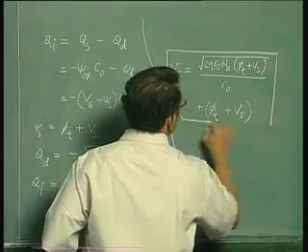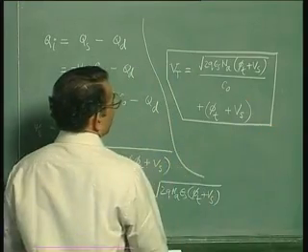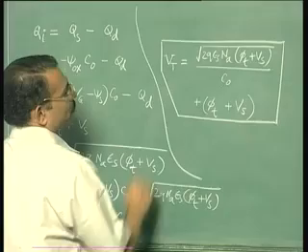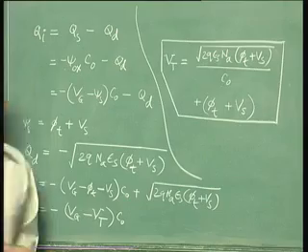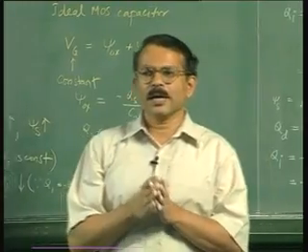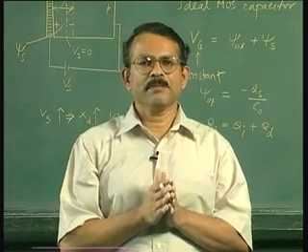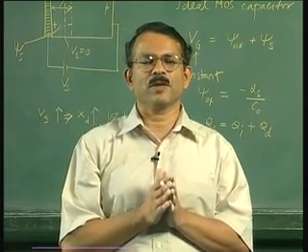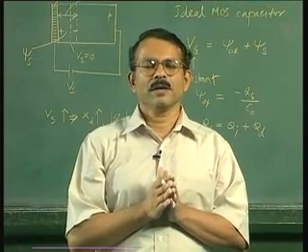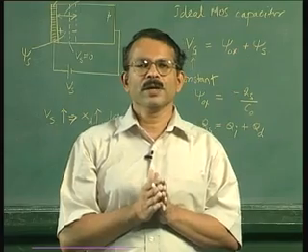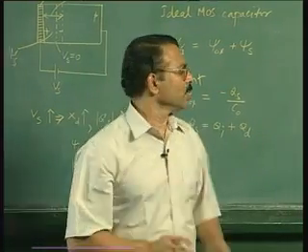As a function of Vs. So we can check this particular expression by considering a limiting case. This expression must reduce to the expression we had for threshold voltage for Vs equal to 0.